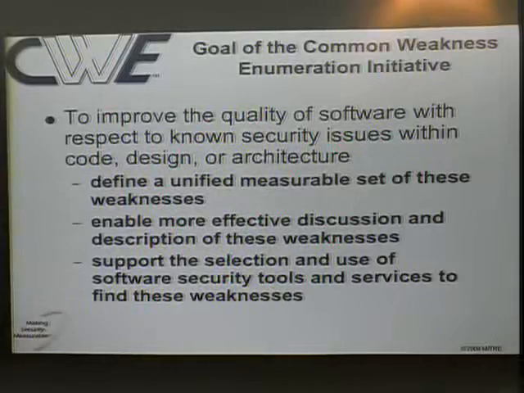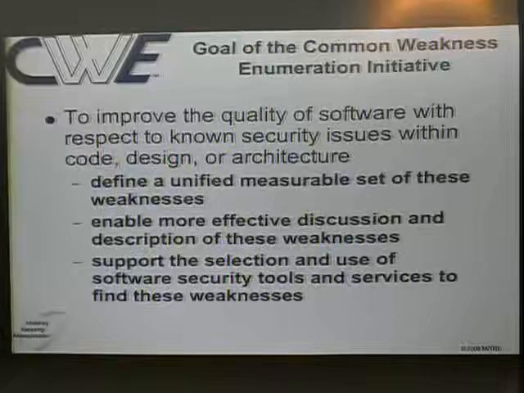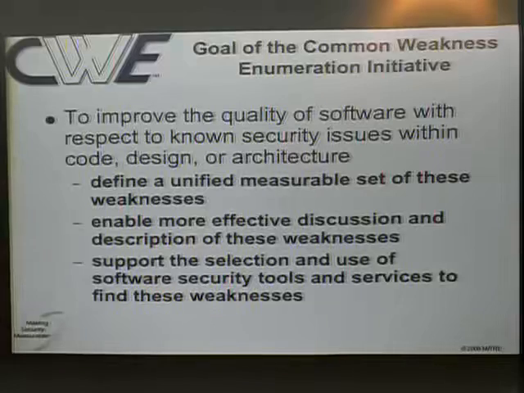So, for instance, at the architectural level, I very much doubt we're going to have tools going out and identifying security issues in architecture, but we as humans may discuss and debate architecture and security issues, so let's agree on definitions of those concepts and issues so that we don't keep talking past each other.